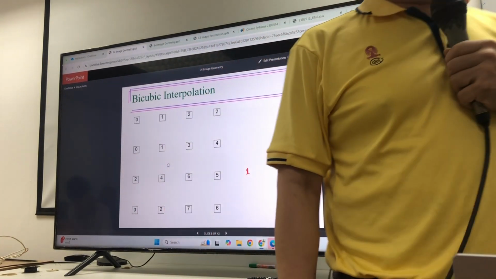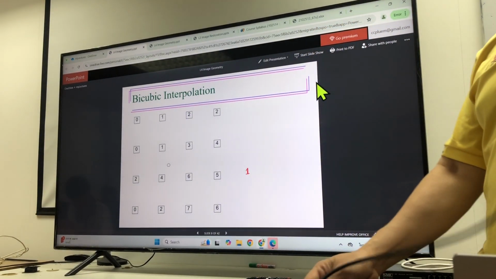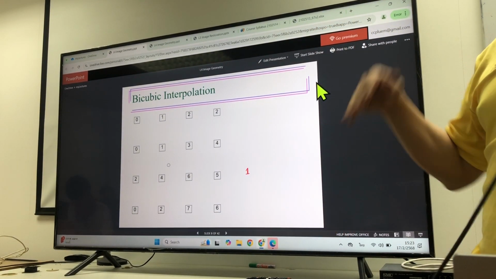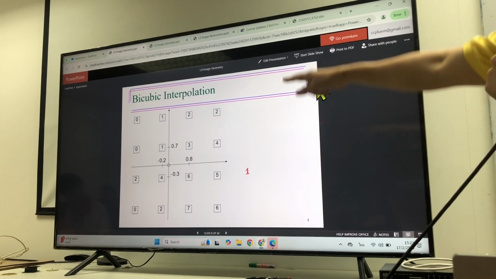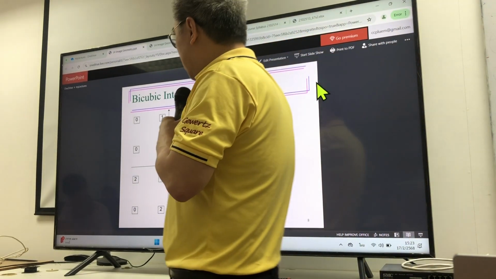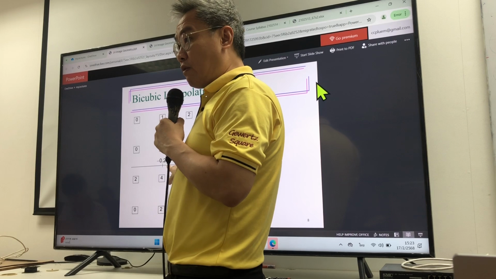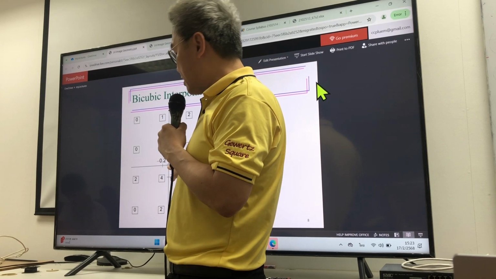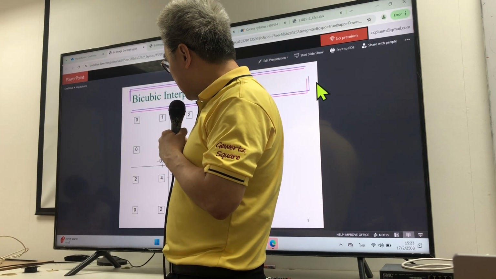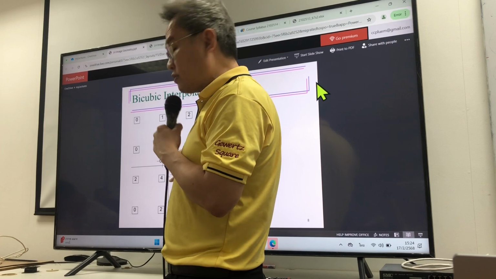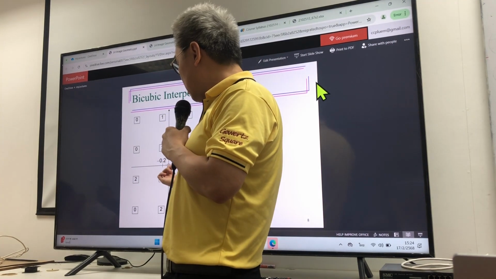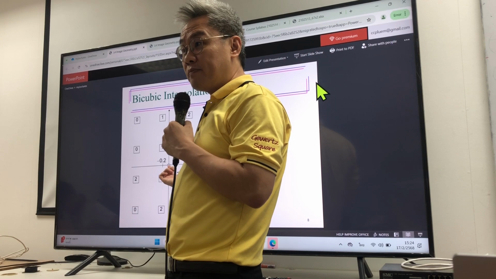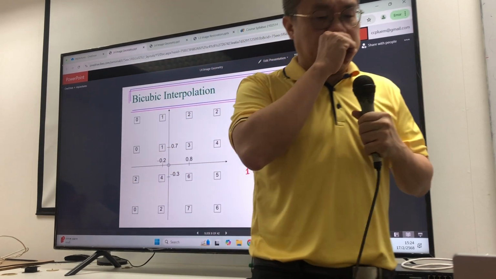It can be complicated, but actually it repeats itself every single time. So this is what we usually do. Suppose we center this pixel at 0, 0. Suppose it goes here at 0.7, so it goes down at 0.3. If it goes here 0.2, it goes this way 0.8.